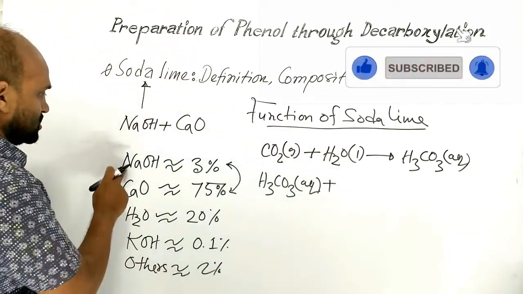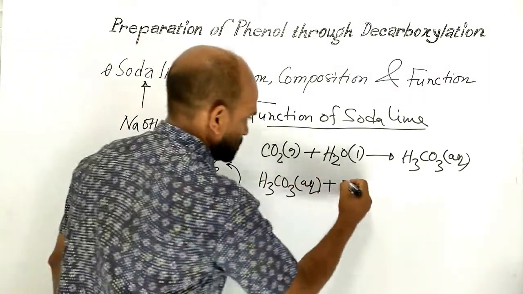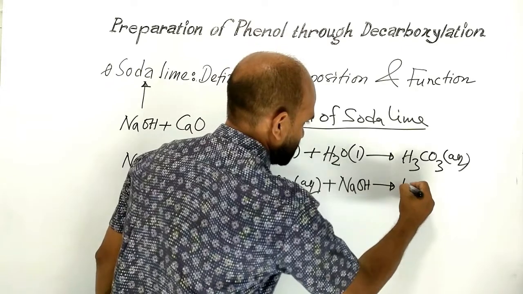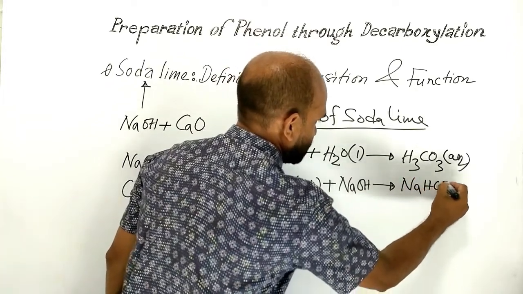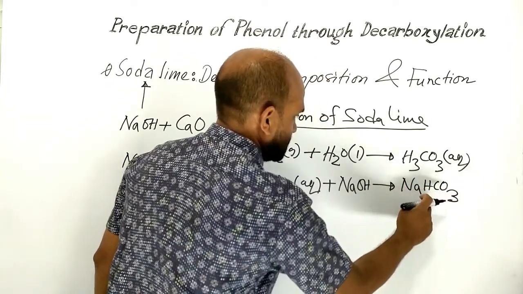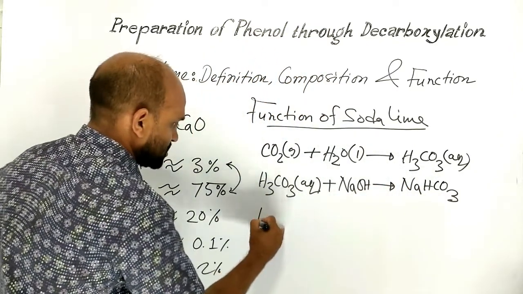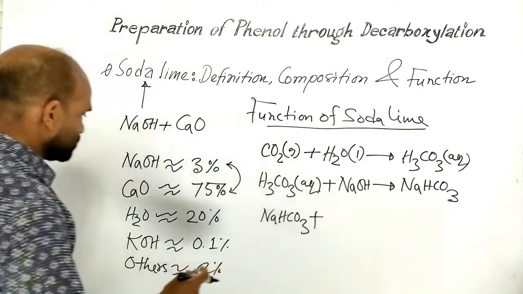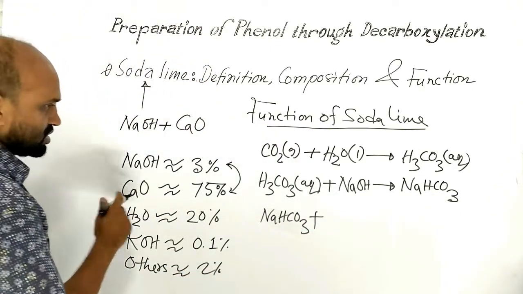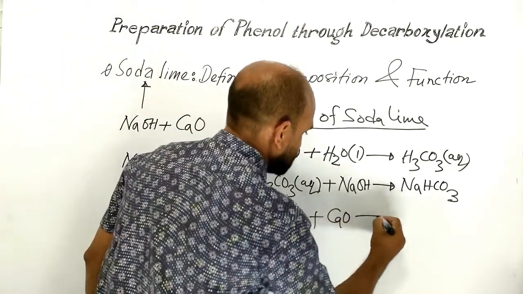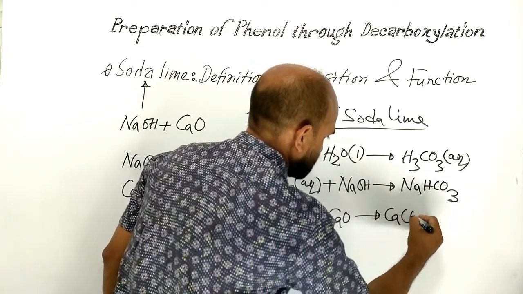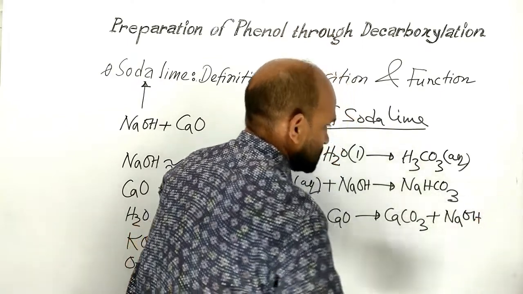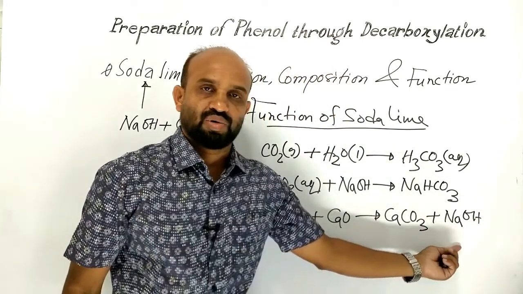Then this carbonic acid reacts with caustic soda, sodium hydroxide, to form sodium bicarbonate. Then this sodium bicarbonate reacts with quicklime, calcium oxide, to form calcium carbonate, and again sodium hydroxide is formed.